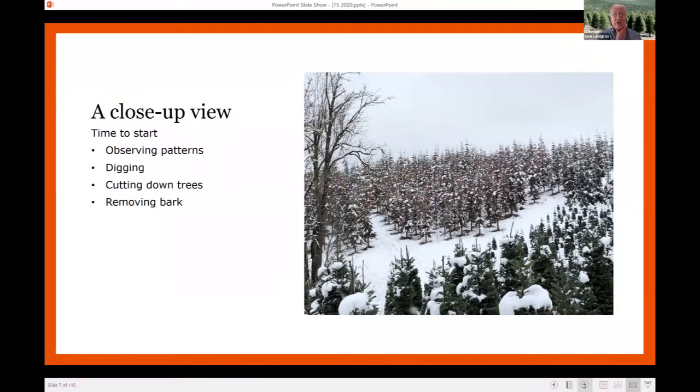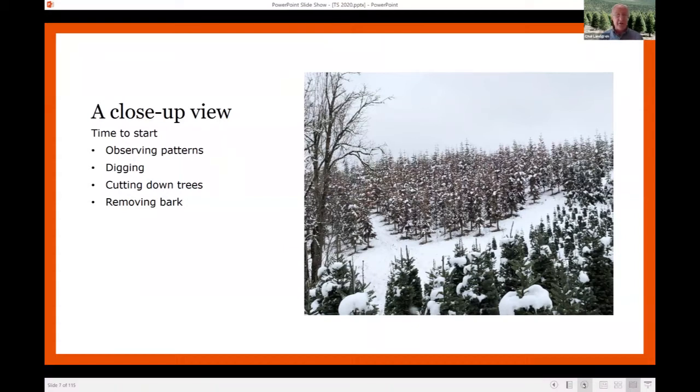When you start looking around, what we find is that, at least in this field, the younger noble fir nearby was not impacted. The Douglas fir to the north of this field wasn't showing any damage, but we were seeing probably half of the noble fir in this bough stand either dead or dying.